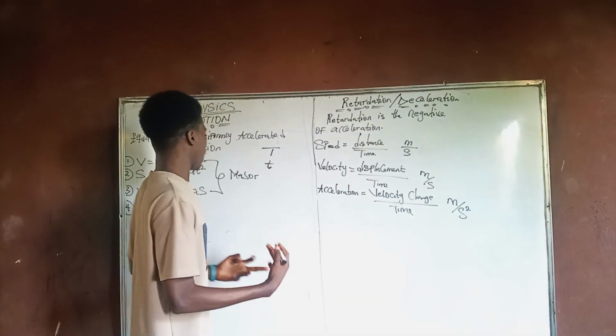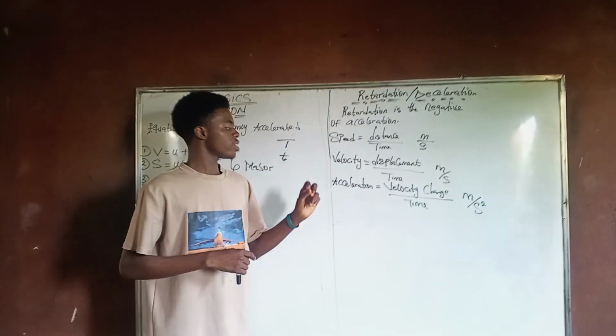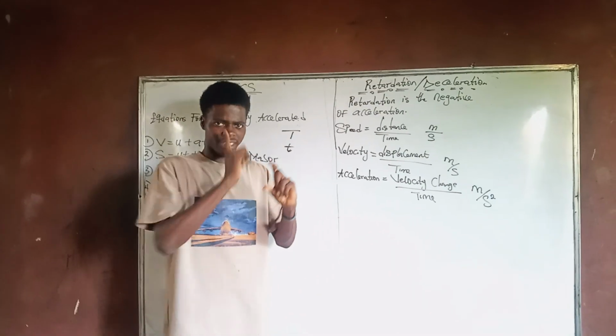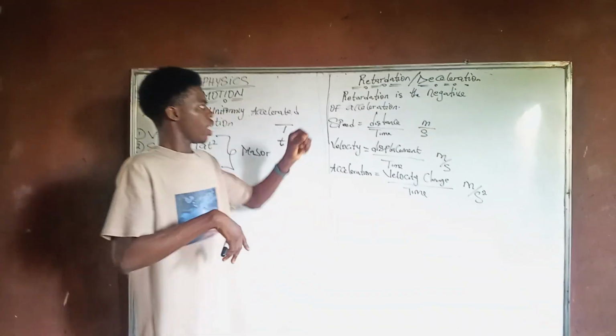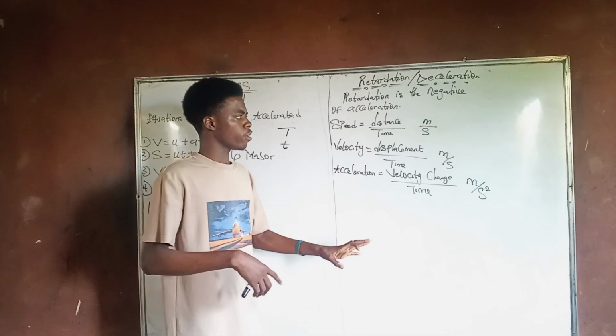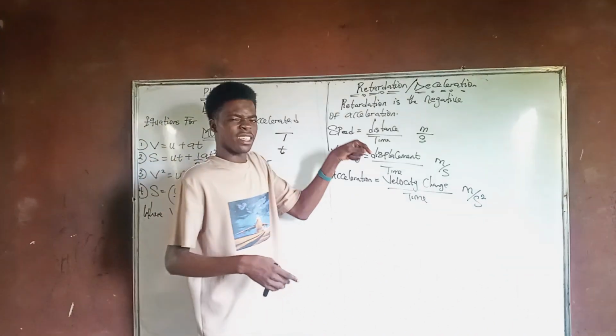Then lastly, you remember I said in acceleration there is an increase in velocity, but in retardation there is a decrease in velocity. That's why retardation is just the negative of your acceleration.